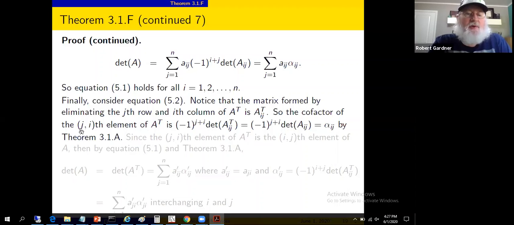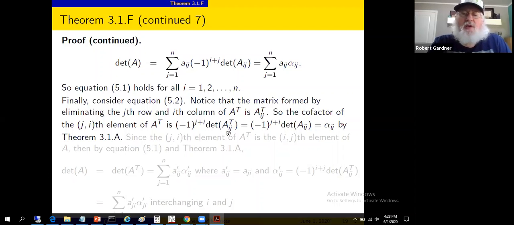All right. So the cofactor of the jith element of A transpose would be negative 1 to the sum of the indices times the determinant of the appropriate minor matrix, which we're claiming is A sub ij transpose. The transpose is in there. We've got equality of A sub ij transpose and what we would get by taking A transpose and then eliminating the jth row and the ith column. And that's what we need there to talk about cofactors.